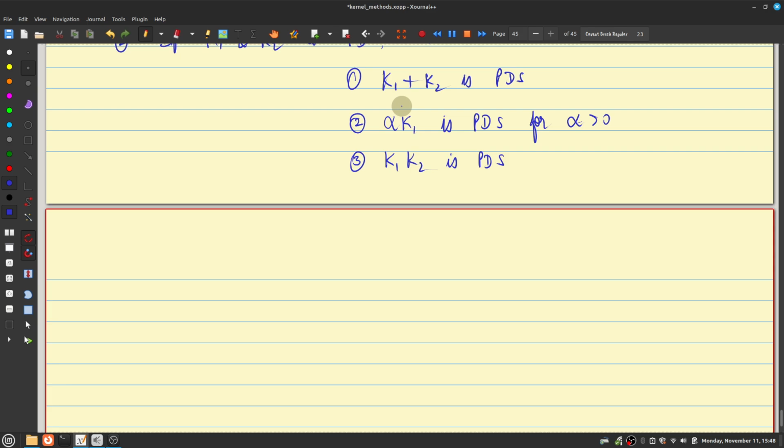Basically, it just follows from the fact that the Gram matrices corresponding to K1 and K2 are positive semi-definite, and the sum of two positive semi-definite matrices is always positive semi-definite. In fact, any non-negative linear combination of positive semi-definite matrices is also positive semi-definite.